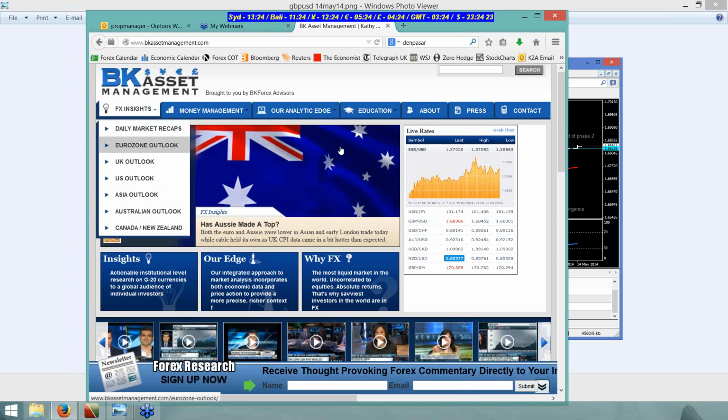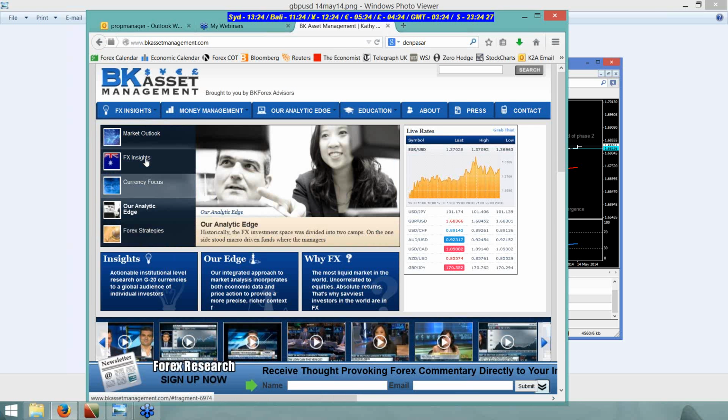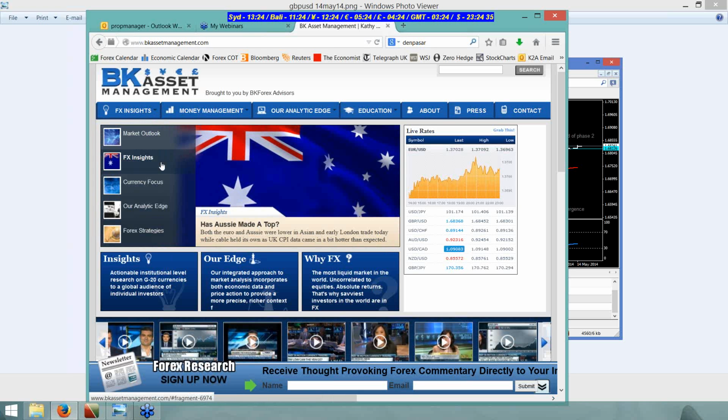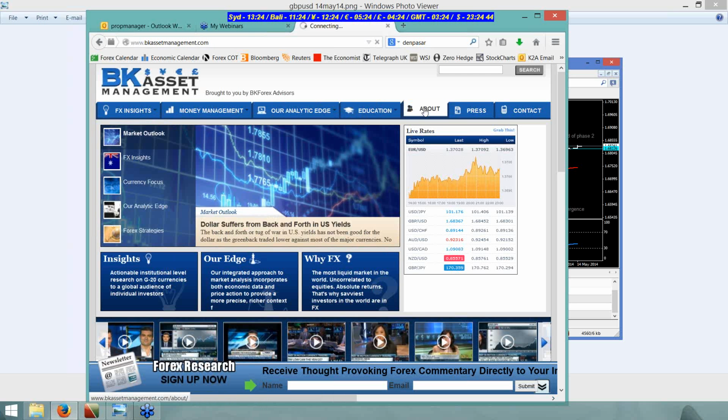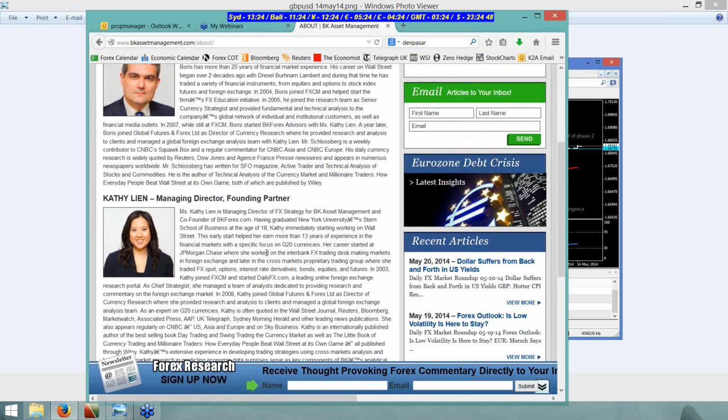FX Insights, Market Outlook, has the Aussie made a top. I don't know who these people are. Their website certainly indicates that they've got a whole bunch of support behind them. And I'd say they've got a whole bunch of support in terms of money, but there's only 2 people in this business, these two.